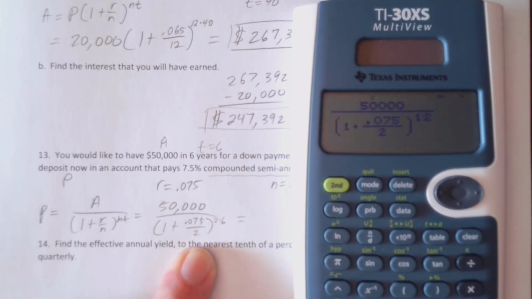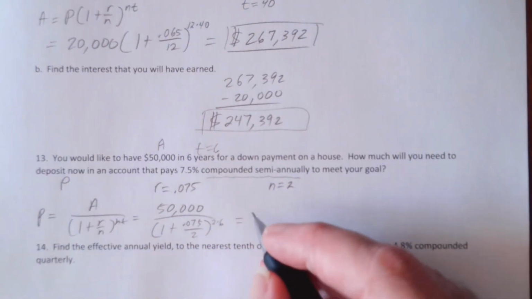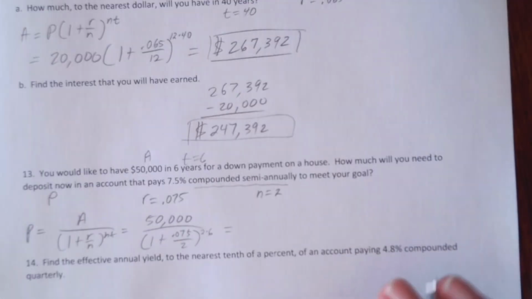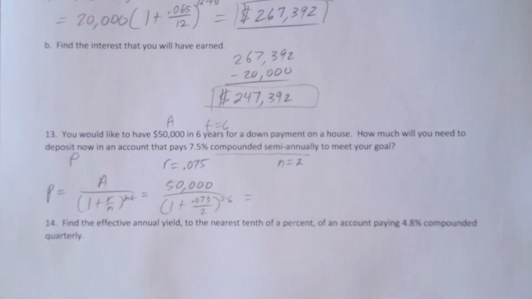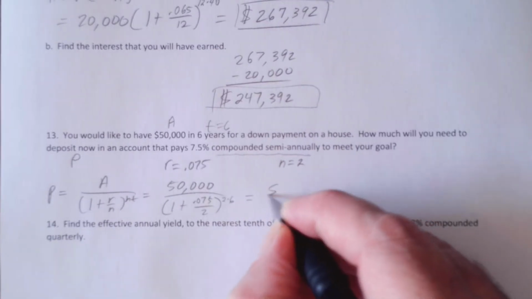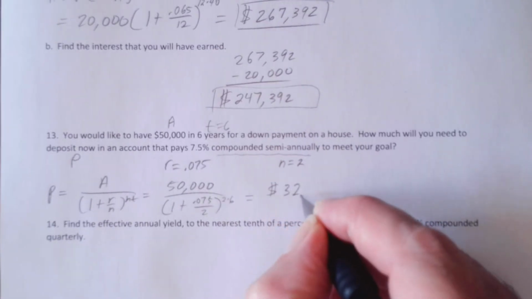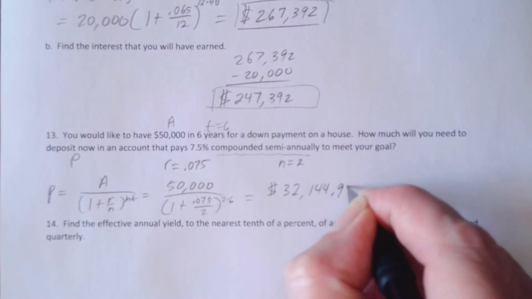And so when we hit enter, we get $32,144.95. We normally would write it to the nearest penny if it doesn't tell us to the nearest dollar, because we're dealing with money here. So it's $32,144.95.